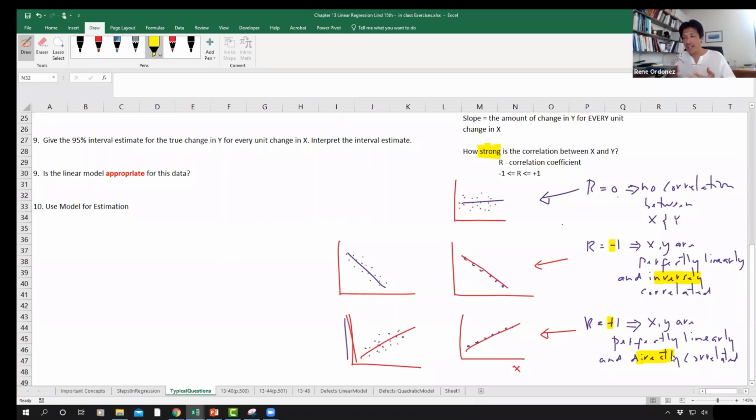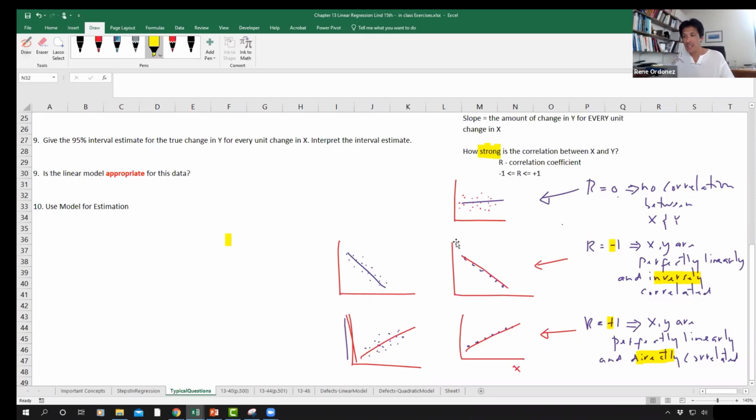The strength of correlation is measured in terms of the value of R, how close it is to either -1 or +1. Are we clear so far? All right.